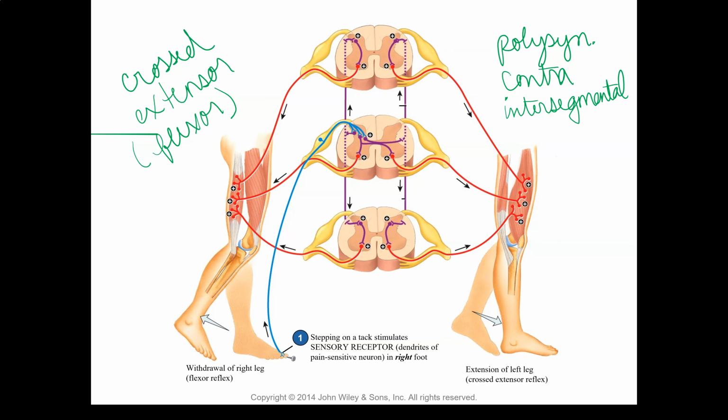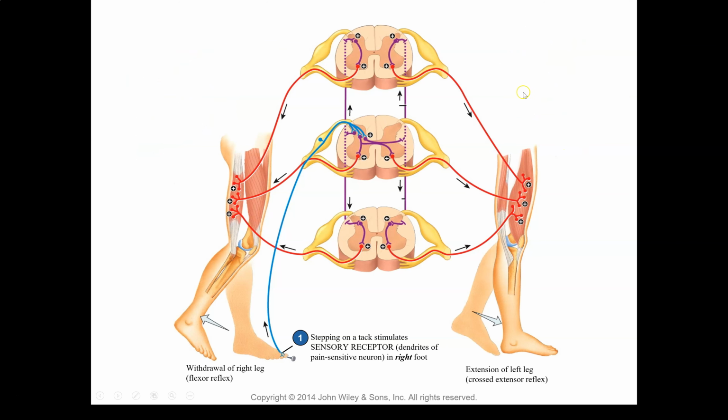So as you're lifting your right foot to maintain safety, your left foot needs to extend, the cross extensor portion of it, to maintain your balance. Since it involves multiple muscles at different heights, at different areas in your body, it involves multiple segments of the spinal cord. Okay, so let's go over the exact steps.